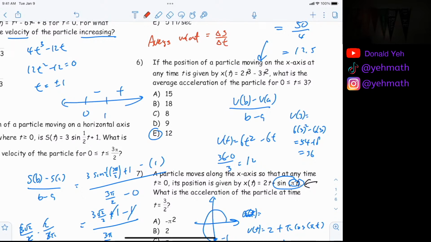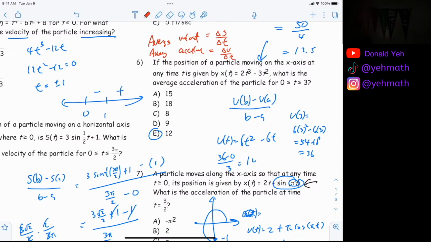If you want one level lower, average acceleration, instead of changing position, I want changing v over changing t. So you want the difference of velocity, not difference of acceleration. Difference of acceleration over difference of time is actually another term in physics called jerk, I think.